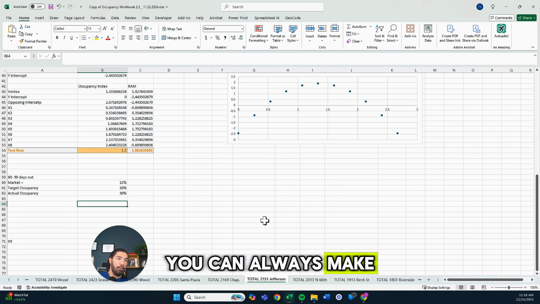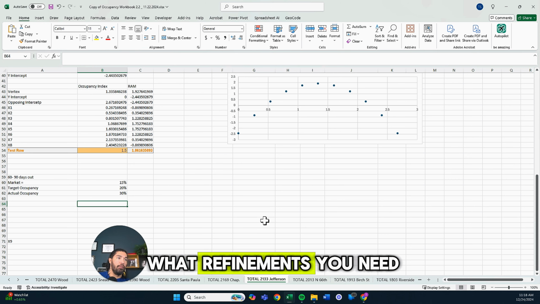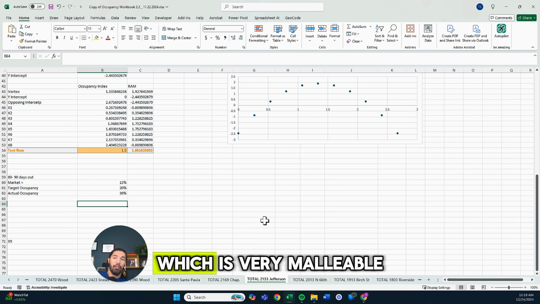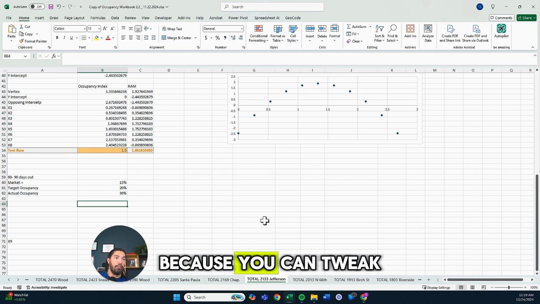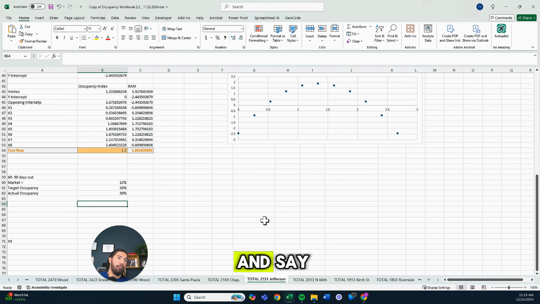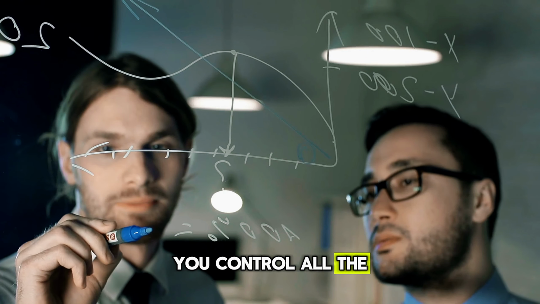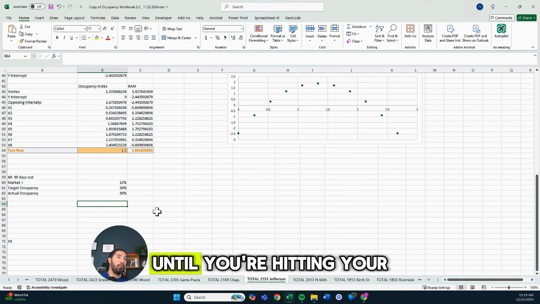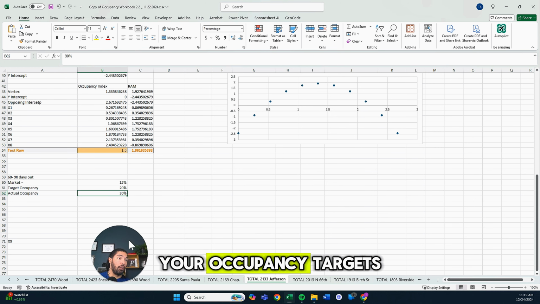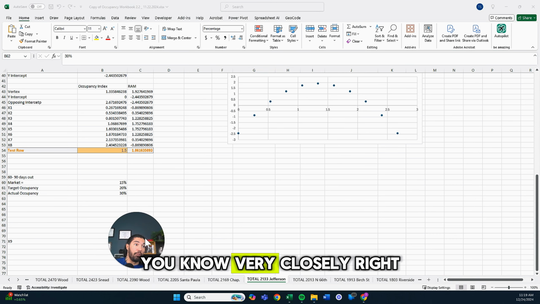You can always figure out what refinements you need to make inside of your price labs, which is very malleable, by the way. We use price labs because you can tweak the heck out of it, right? You can set it and forget it. You can just hook it to your property and say, make me money, price labs, and it'll do its best. But it works a lot better if you control all the levers inside of it.